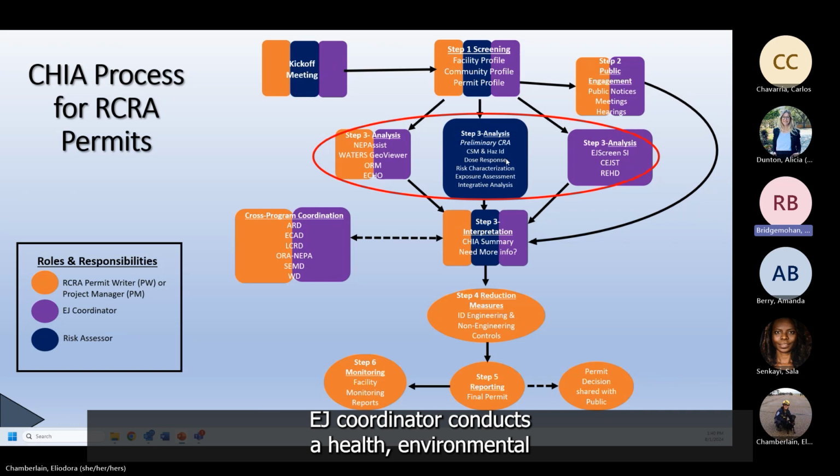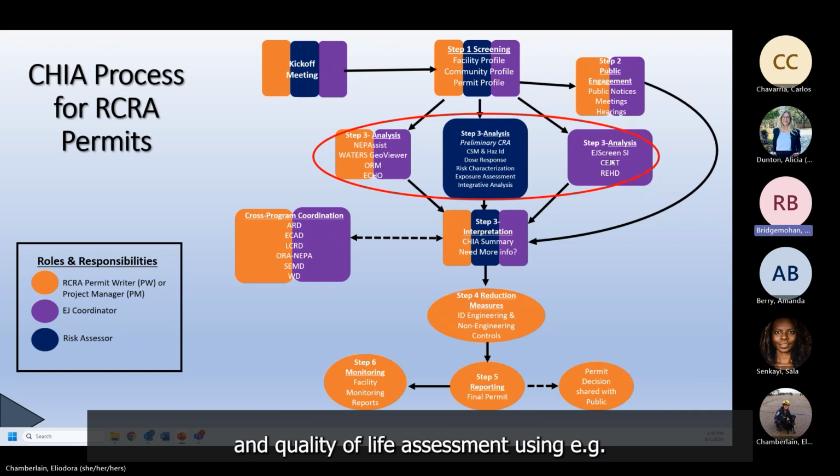The EJ coordinator conducts a health, environmental, and quality of life assessment using EJ Screen supplemental indices, CJEST, and RED. The RCRA permit writer or EJ coordinator use NEPA Assist, Waters GeoViewer, ORM, and ECHO to analyze the impacts from multiple regulatory programs. I now hand over to Dr. Sala.